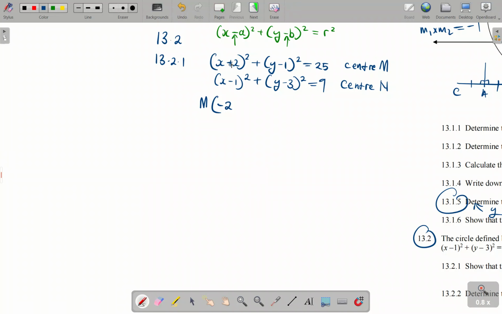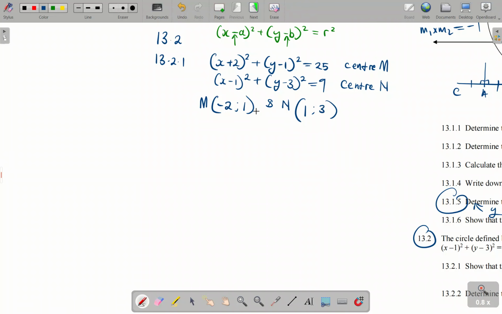And then for y, you just take the opposite as well, because you have negative there, so that's 1. Always, if this is positive, it will be negative; if this one is negative, it will be positive. So it's just the opposite of what you are seeing. And then for N, that's 1 and, the opposite of what you're seeing, positive 3.